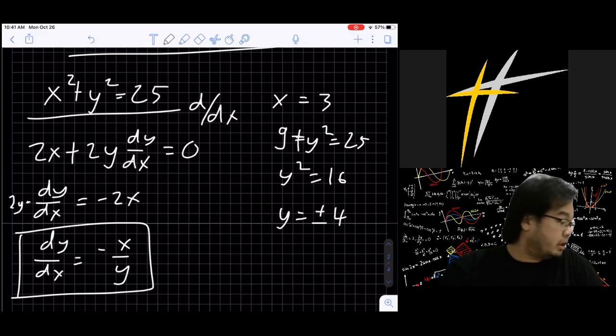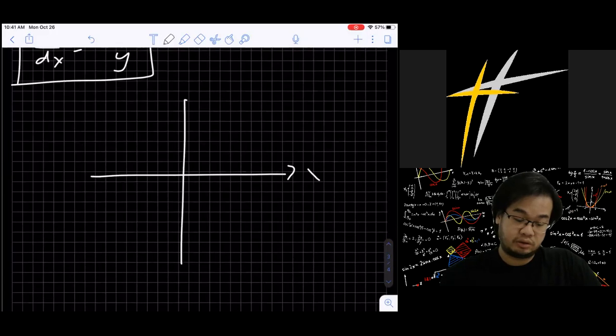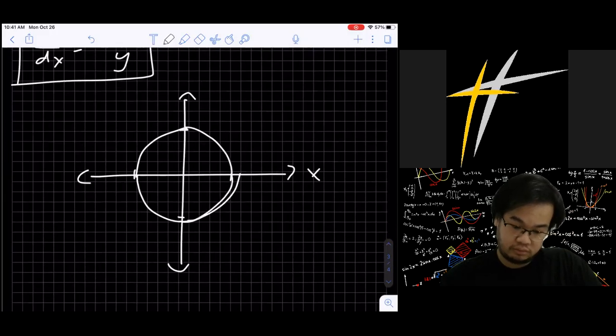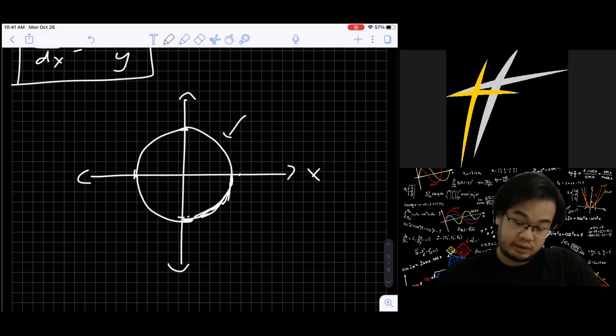Draw a line with slope dy/dx at the point found in the previous part with the lower value of y. How is this line related to the graph? I'll try to draw it. Let's say this is x squared plus y squared equals 25.